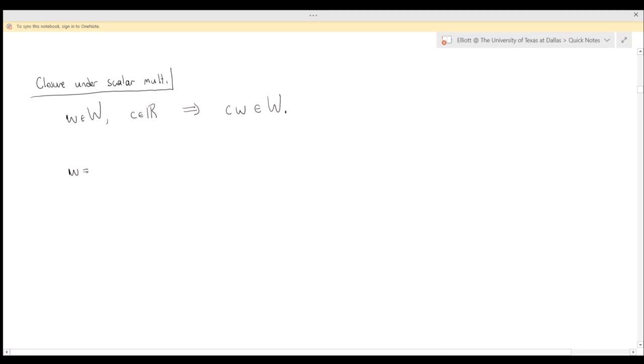I'll start with a generic element of W. That means W would be a vector with 3 components, and its y-coordinate will be the x-coordinate minus 3 times the z-coordinate.